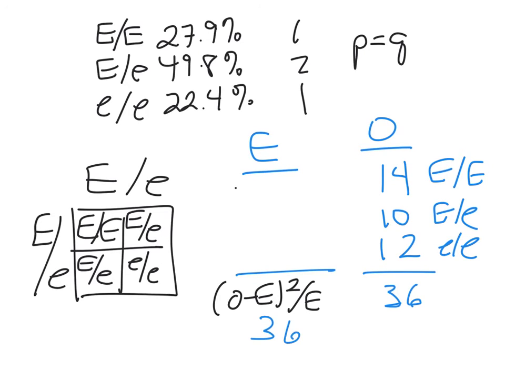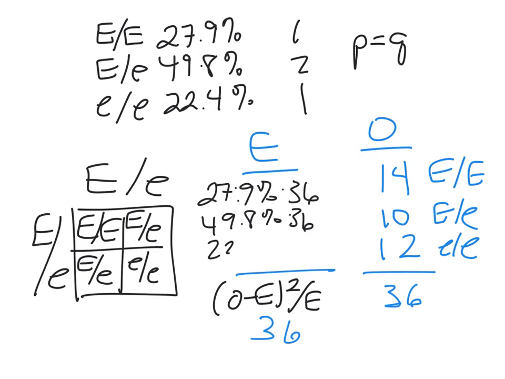So if this population is in Hardy-Weinberg equilibrium, then the sum of those three genotypes should total the same number of individuals. So we need 27.9% times 36. And we need 49.8% times 36. And we need 22.4% times 36.